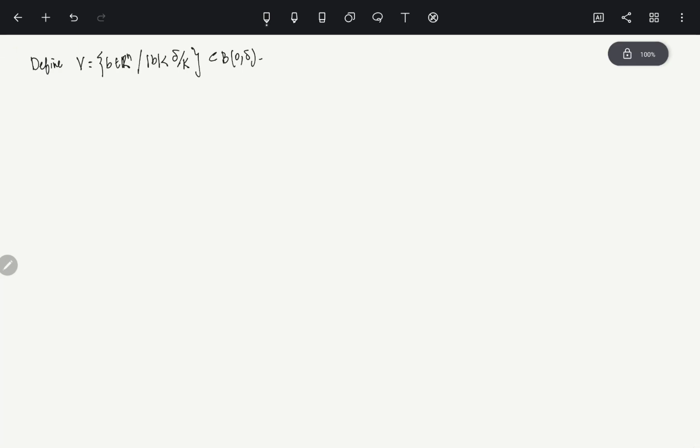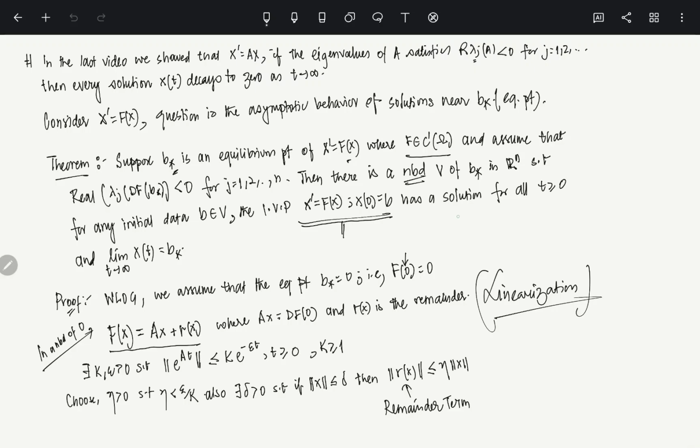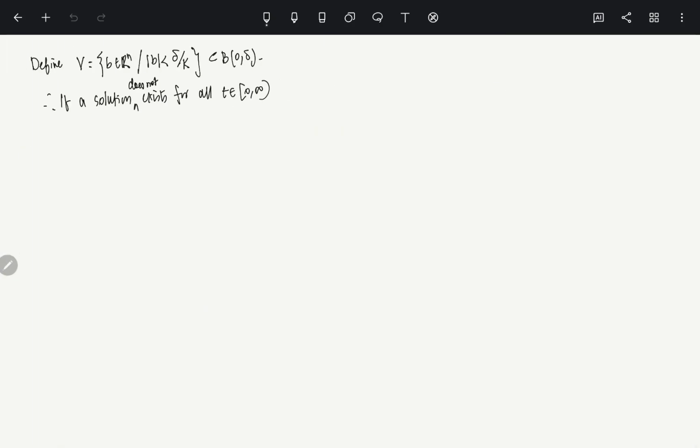You understand? So therefore, if a solution exists for all t in [0, infinity)... see, we have to prove it does exist for all time t. So basically what we are assuming is this. Let's say the solution does not exist for all time t, then you cannot put it in B(0, delta) bar.